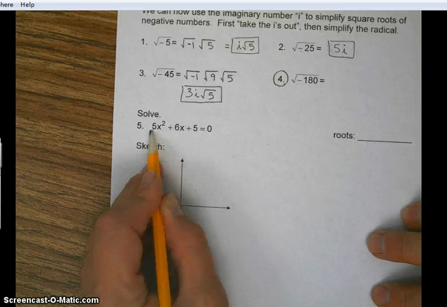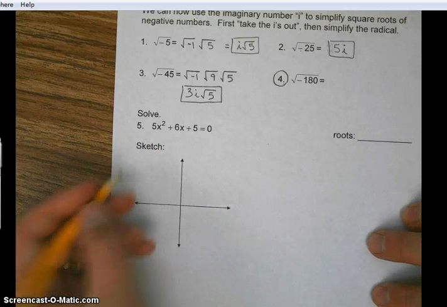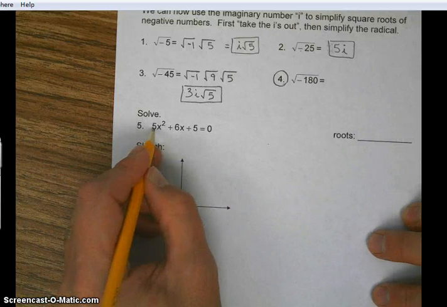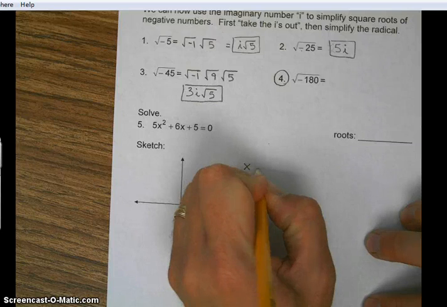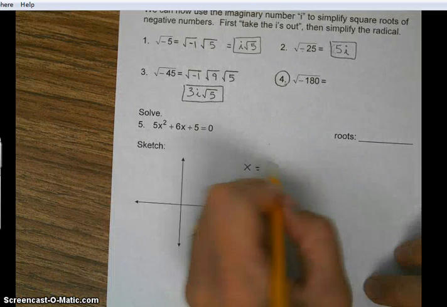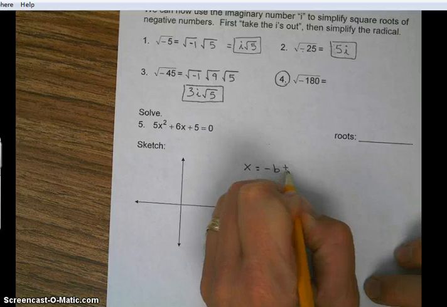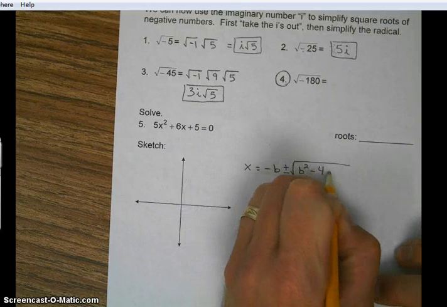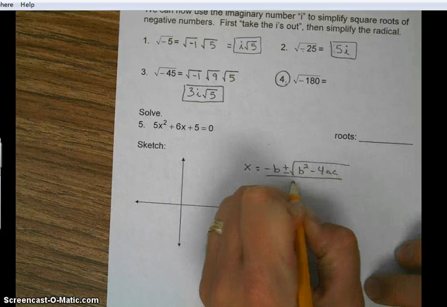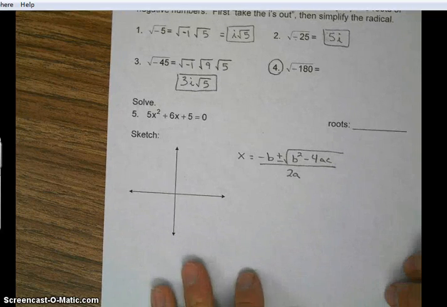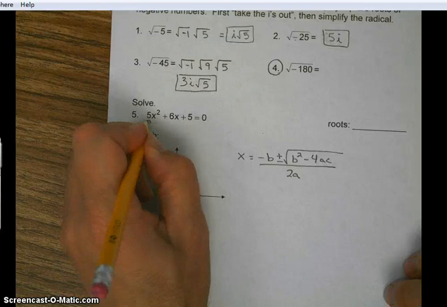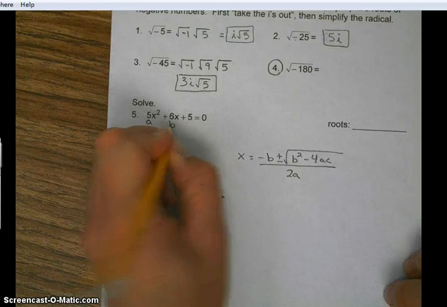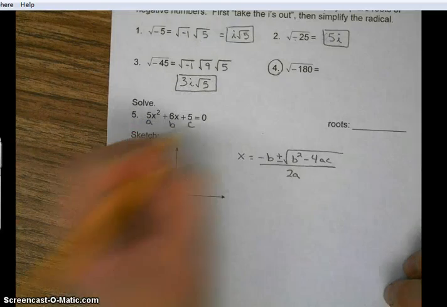So, I'm going to go ahead and use the quadratic formula here. So our a value is 5, b is 6, and c is 5.